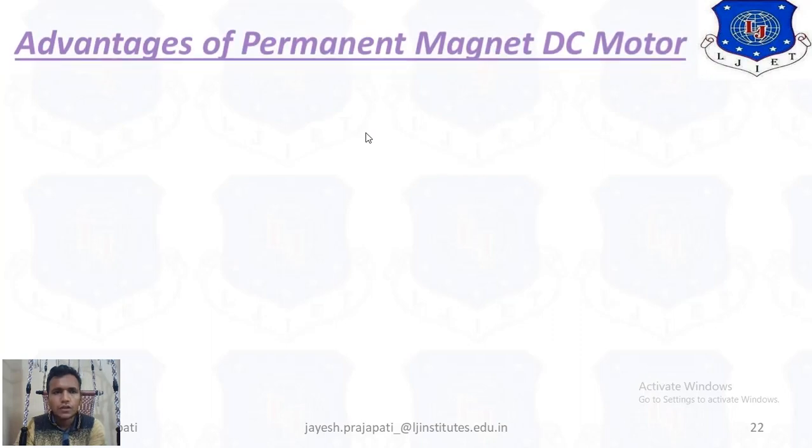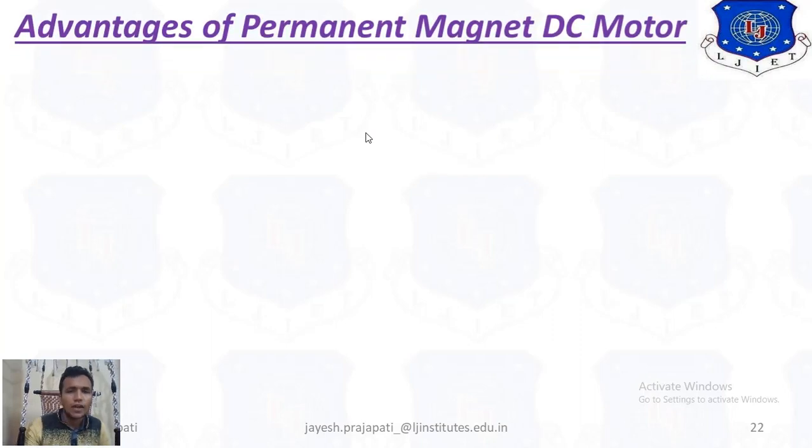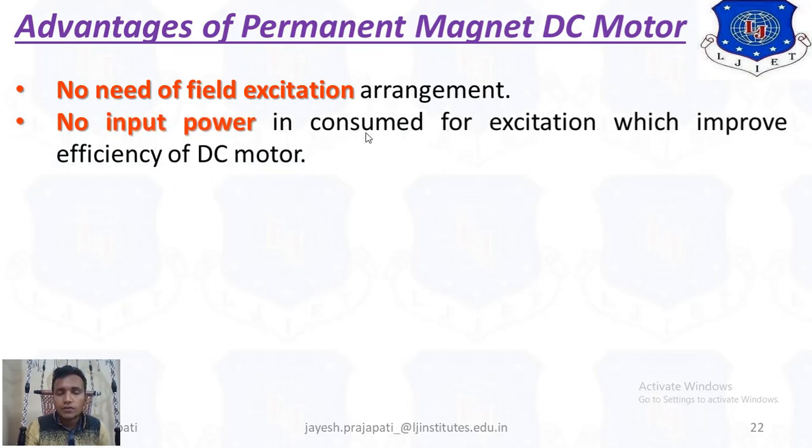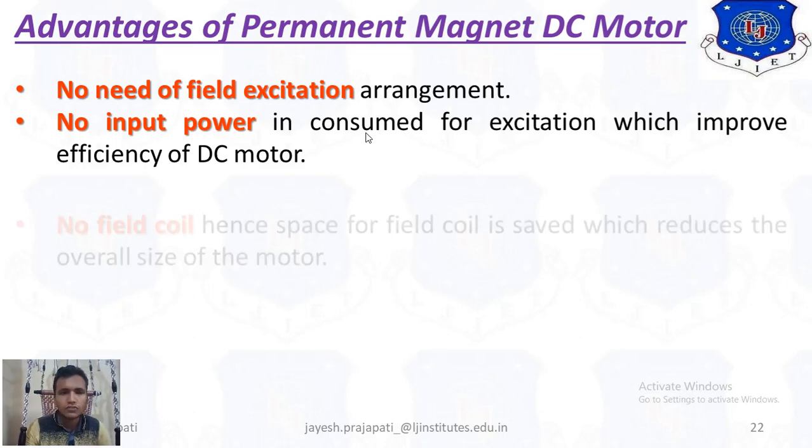Now there are some advantages of the permanent magnet DC motor. No need of a field excitation arrangement. That is the best advantage of the PMDC motor. No input power is consumed for excitation, which improves the efficiency of the DC motor. That is another advantage.